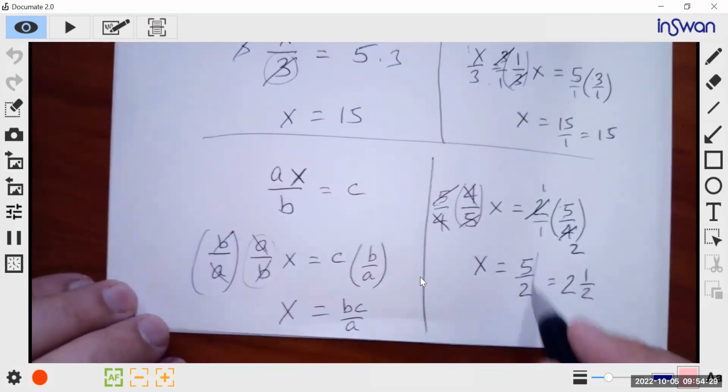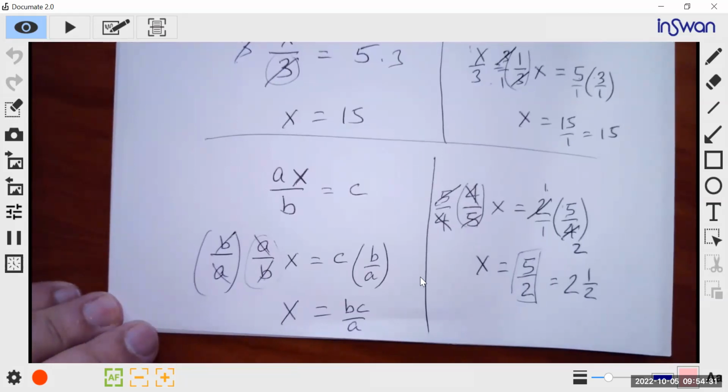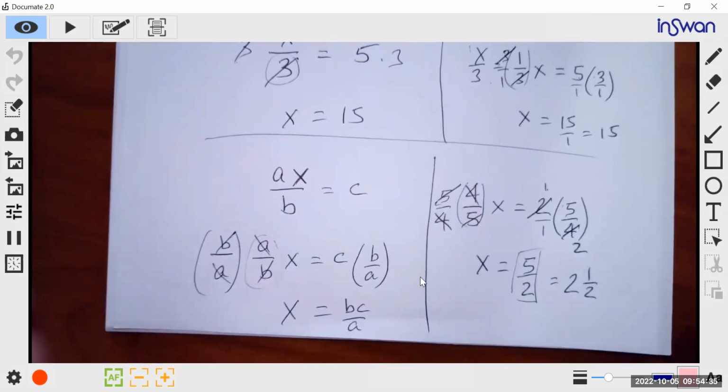Remember, you don't want to leave your answers as improper fractions. So anytime there's a fraction around x, always multiply by the reciprocal to get rid of that.